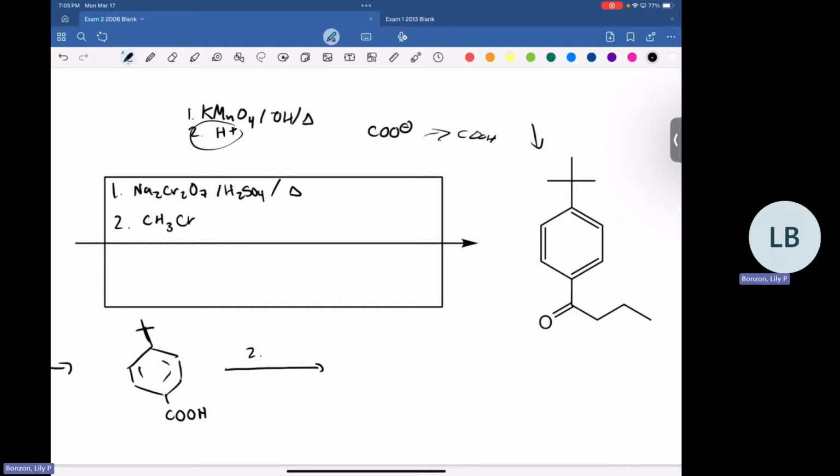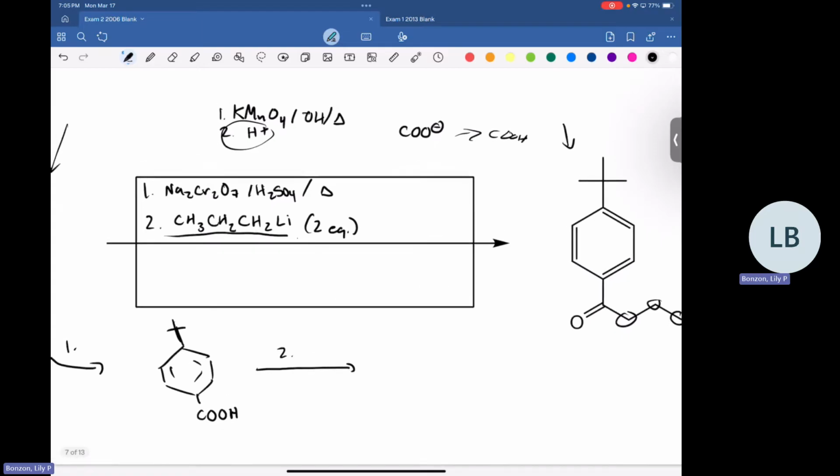In this case, we want to add on a propyl group. By using this lithium reagent, we can attach the R group to that carboxylic acid, and then we'd form that ketone. However, you'll notice that there are 2 oxygens, so you might be wondering how that OH gets removed. That's actually going to be by using 2 equivalents of this reagent.